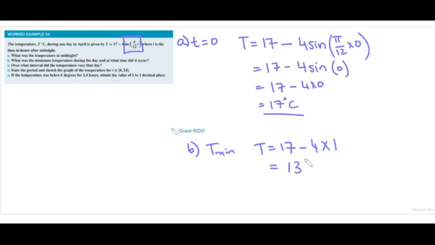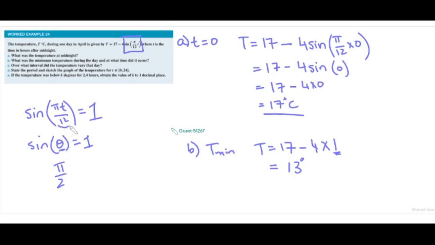And then we want to know at what time did it occur. So we need to think about when this would equal 1. So sine of what angle equals 1? Pi on 2. Okay, so when this is pi on 2, sine of that equals 1.